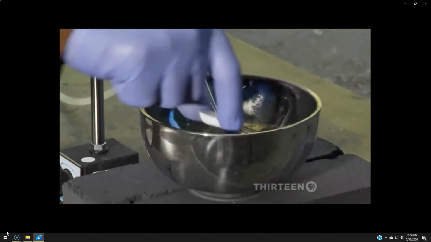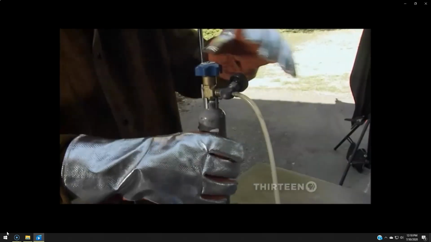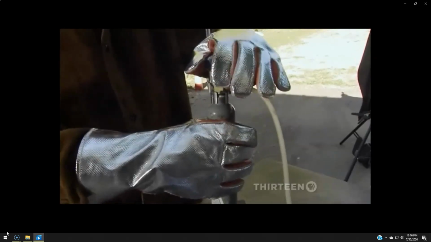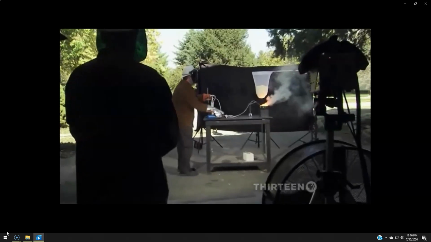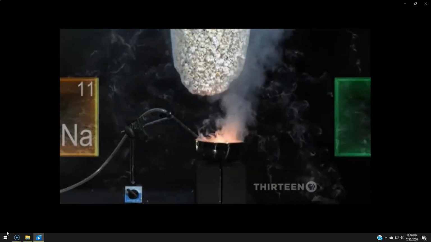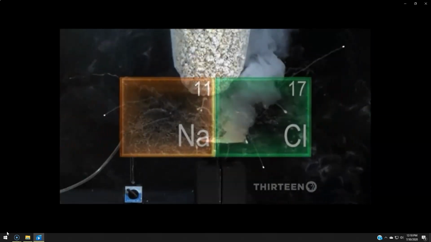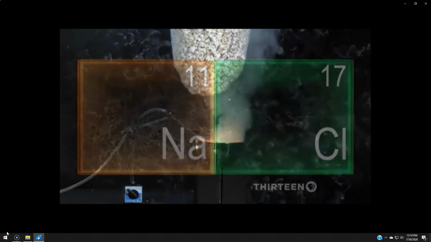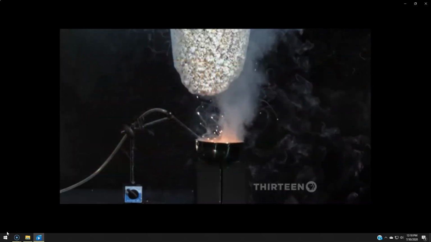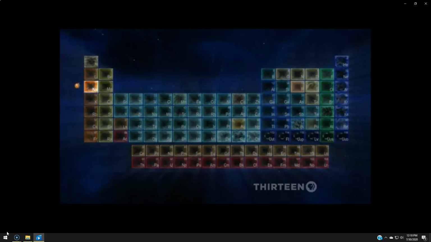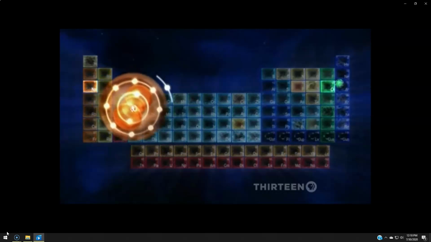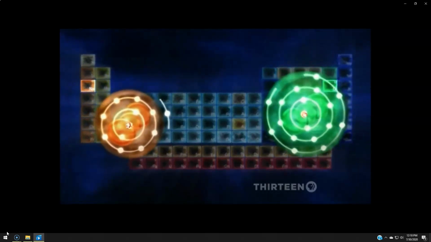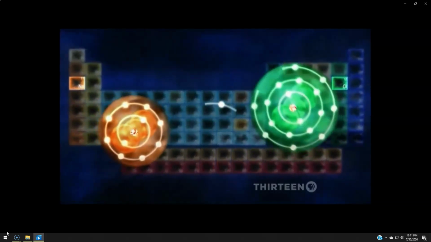First, a hunk of sodium in a dry metal bowl. Then, a jet of pure chlorine. Surprisingly, no explosion. Somehow, when these two bad boys of the periodic table come together, they calm down. At the atomic level, sodium, an alkali metal, had an electron it didn't want, and chlorine, a halogen, wants desperately to grab an electron.